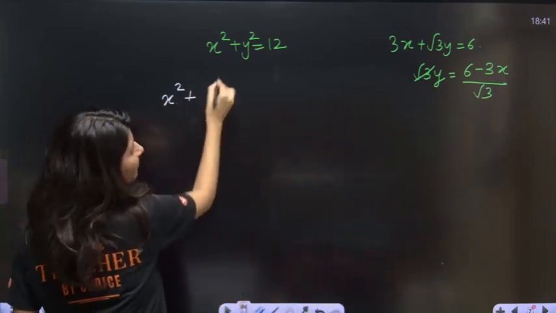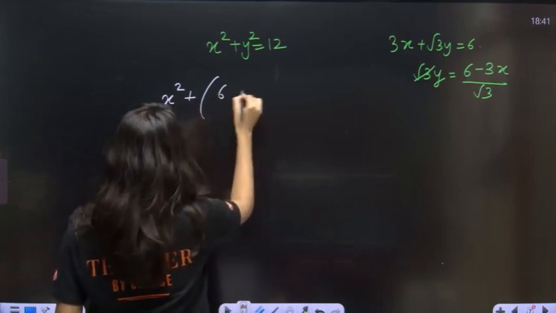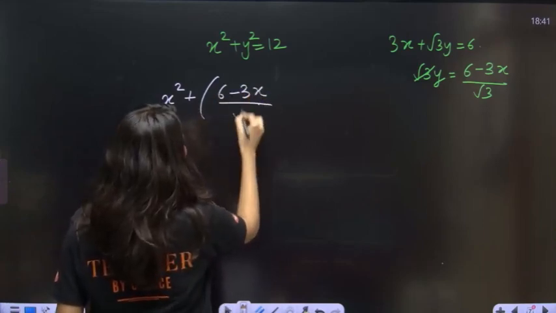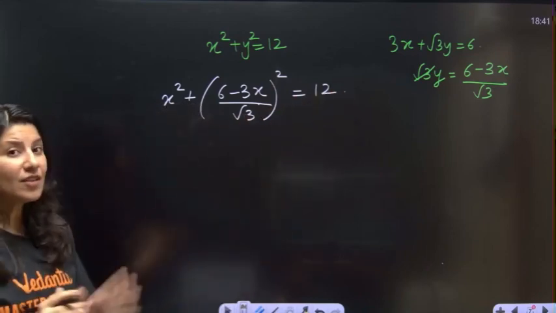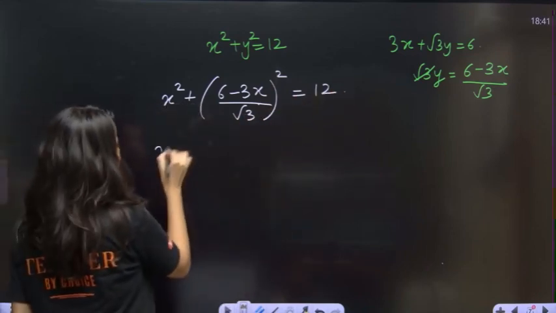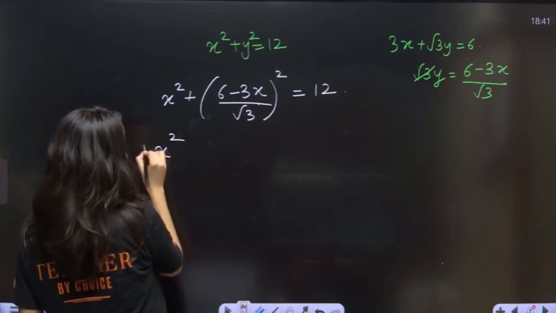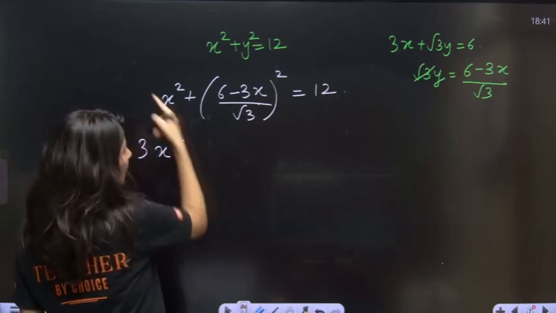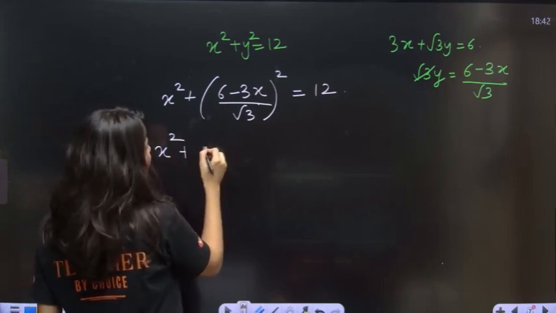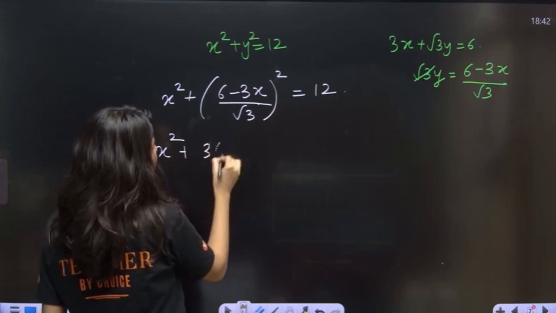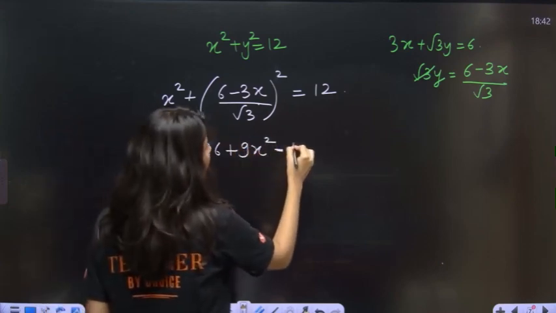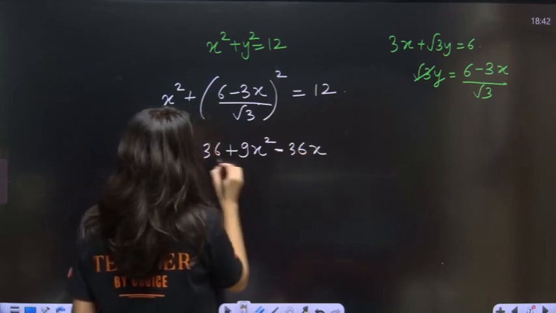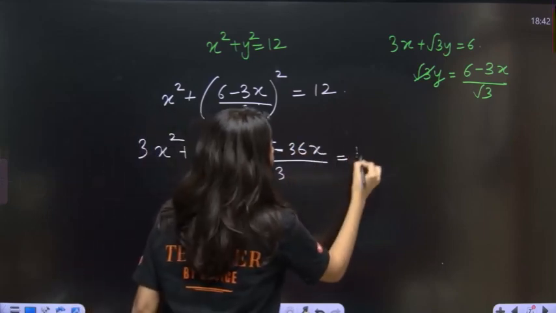x square plus y, which is 6 minus 3x upon root 3 whole square, is equal to 12. So from here we are going to get the value of x. 3x square plus 36 plus 9x square minus 36x upon 3 is equal to 12.